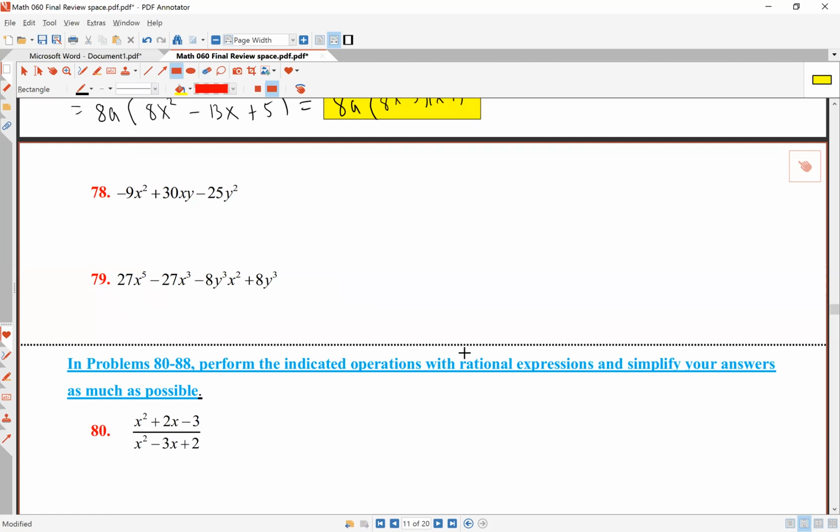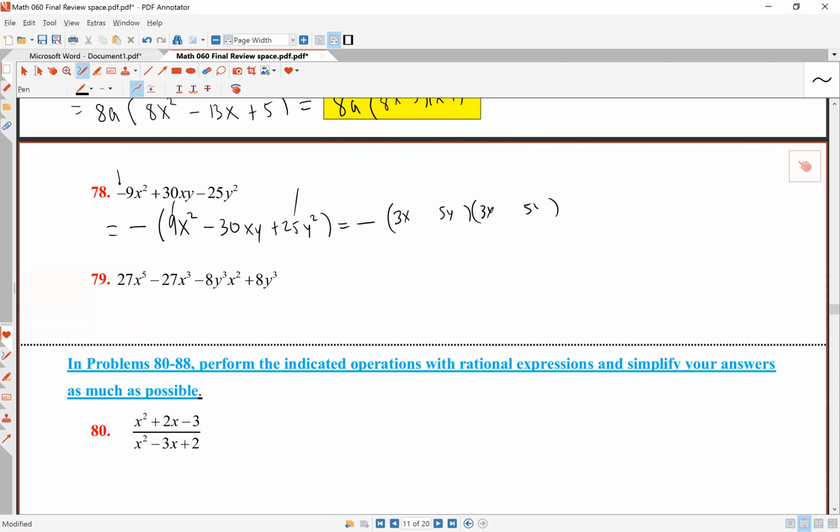All right, 2 more. I don't like leading coefficients that are negative, so I take them out when I can. There is no other GCF, but change the signs. Now we got a perfect square there and a perfect square there. Worth a try, 3x and 5y.